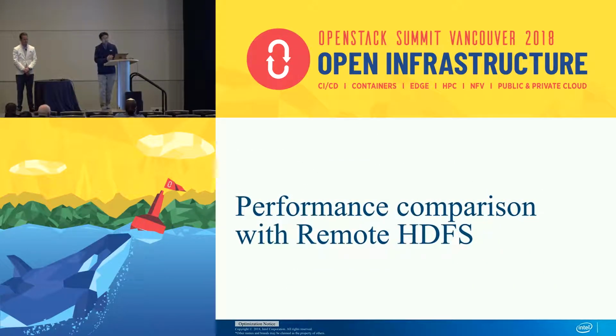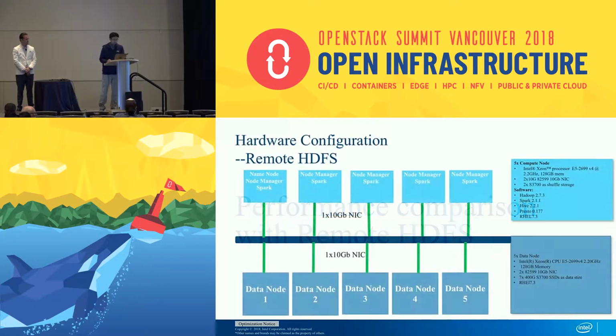Okay, so we then did a performance comparison with remote HDFS, which is more meaningful for the existing Hadoop deployment. So this is the remote HDFS configuration. Basically, it's the same as the previous architecture.